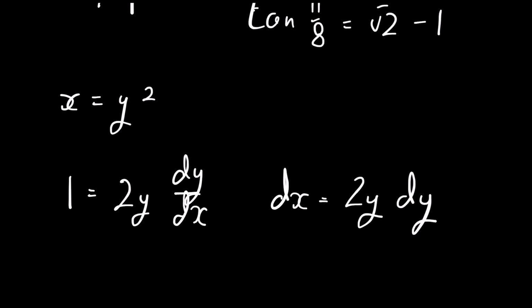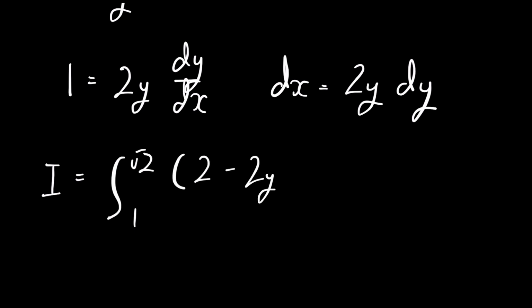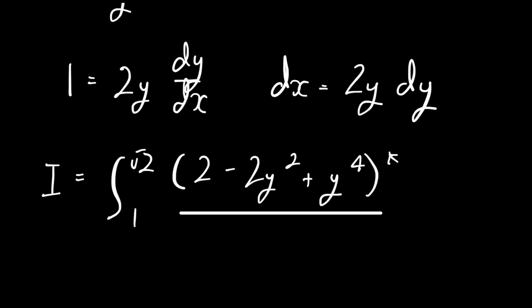Now this is looking promising because when we put this in, we'll get somewhat closer to what we need. Essentially, I will be equal to the integral from 1 to root 2 of 2 minus 2y squared plus y to the 4, to the k, over y squared to the k plus 1. And this is times 2y dy.